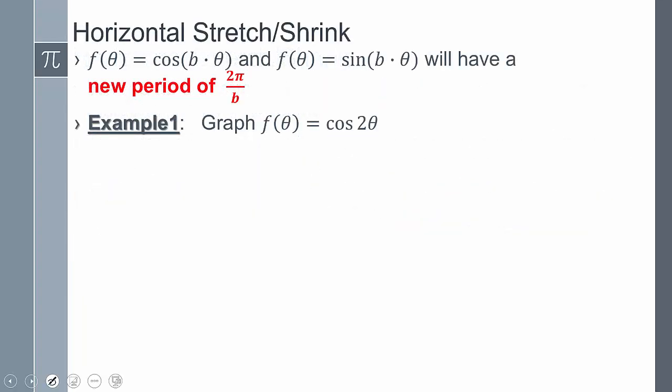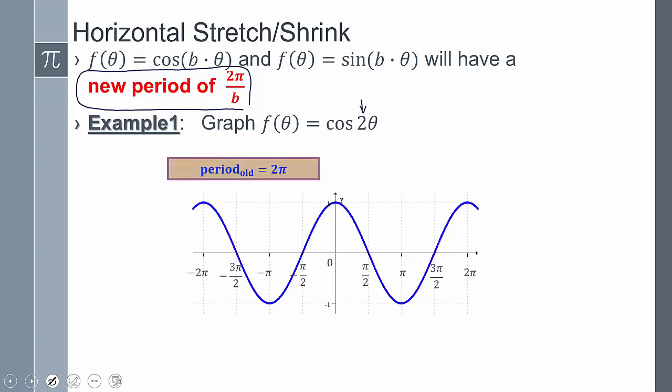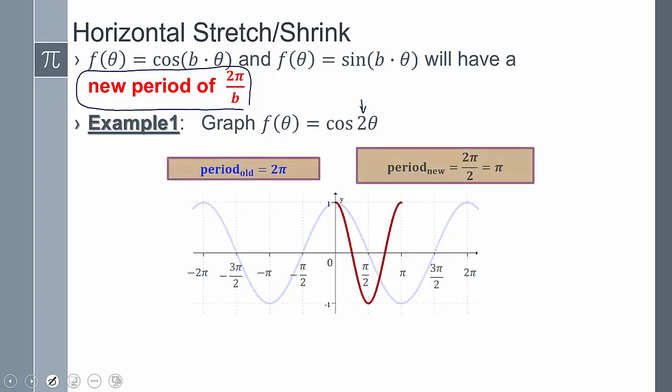To find what your new period is, you're going to use this equation: 2 pi over b. In this instance, if I wanted to find my period, my b is 2, so my new period will be 2 pi over 2.